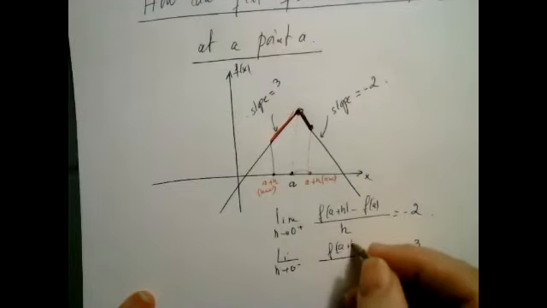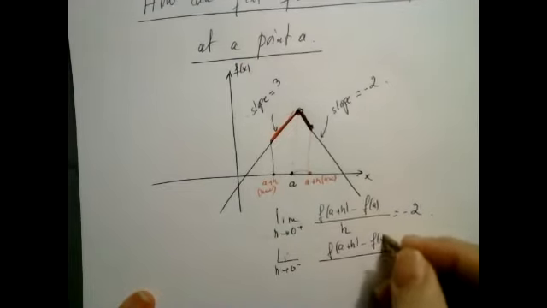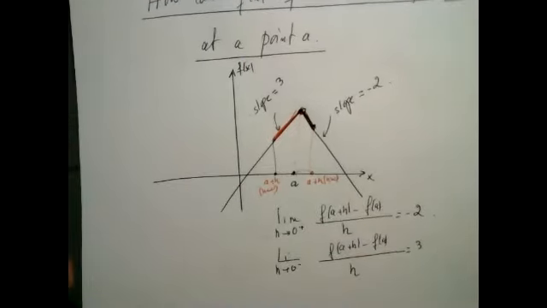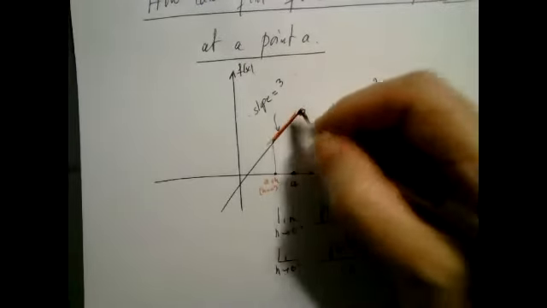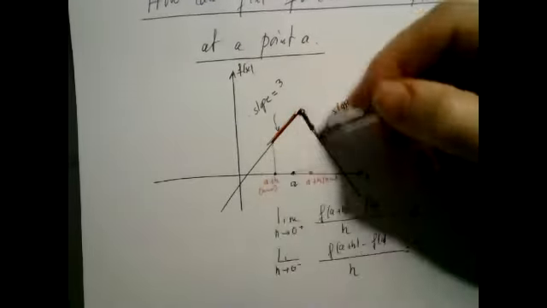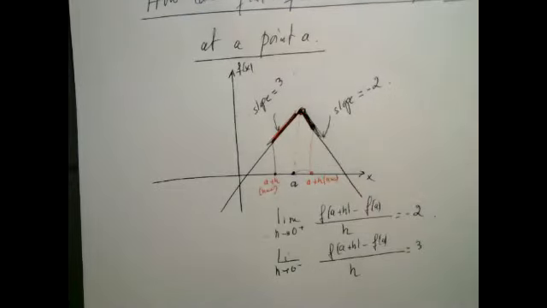So basically, we have two tangents at this point. If you want to think about it in terms of tangent lines, we don't have one tangent. From the left, this is the tangent line. From the right, this is the tangent line. So we don't really have an idea of a tangent line at this point.